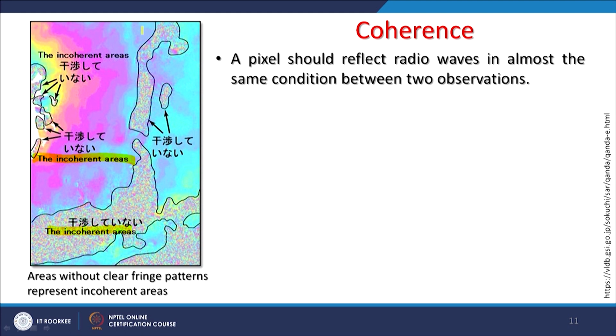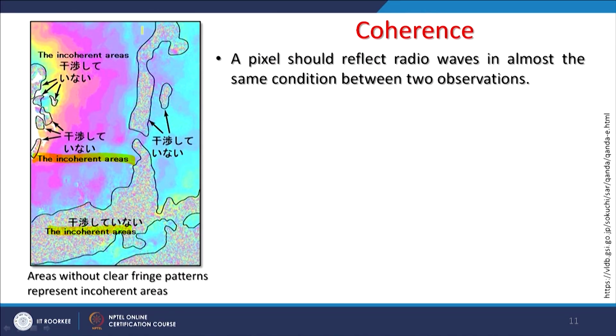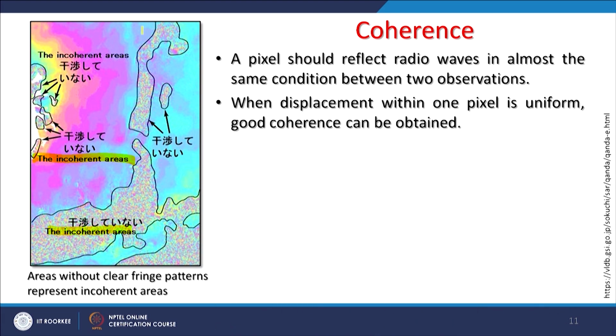Now, incoherency can occur because of certain reasons. Basically, the same pixel, because we now have a pair, should reflect radio waves in almost the same condition between 2 observations from 2 images. When the displacement within one pixel is uniform, then good coherence can be obtained.